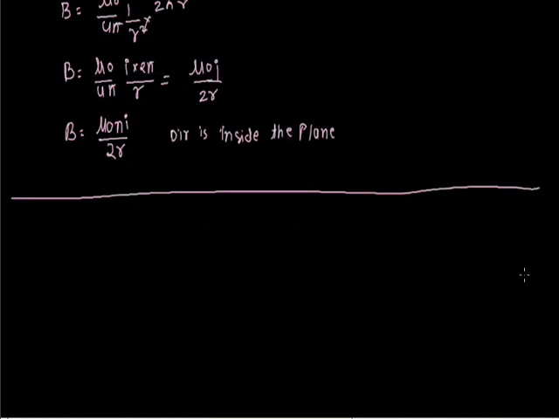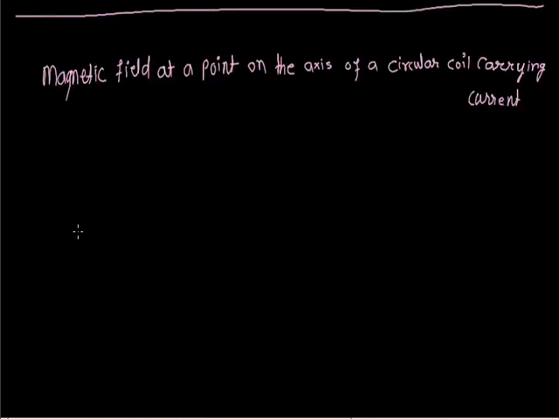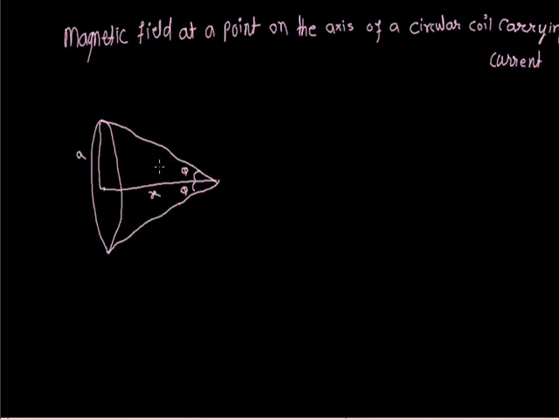Next, the magnetic field at a point on the axis of a circular coil carrying current. If we consider a loop, the radius of the loop is r. If we consider a circular coil, O is the center of the coil.